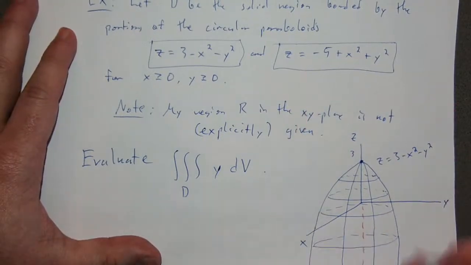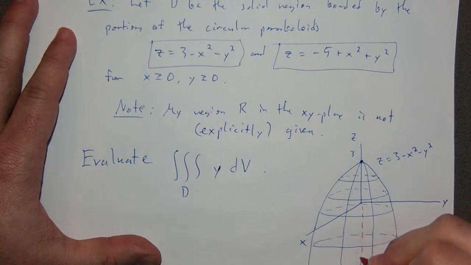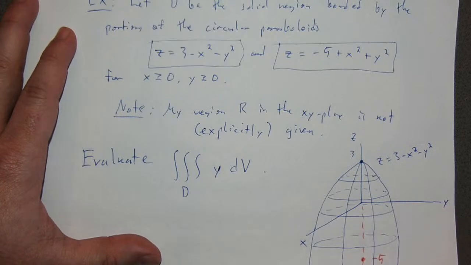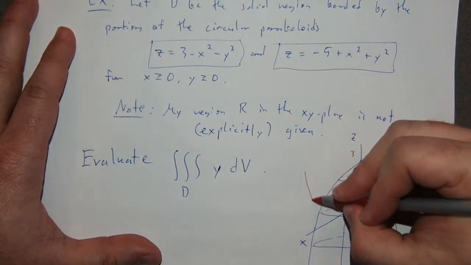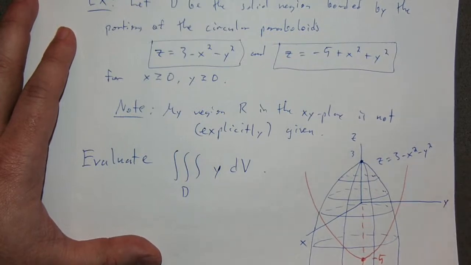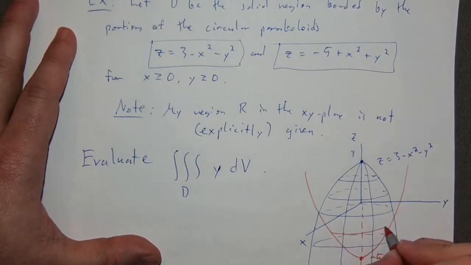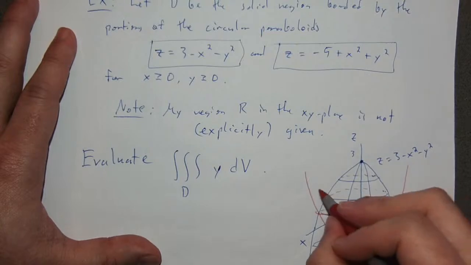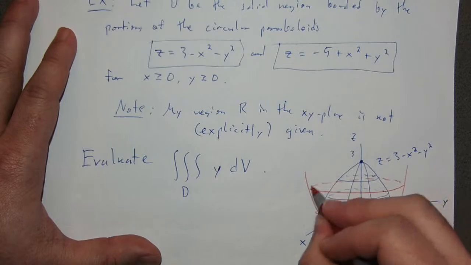My second paraboloid has its apex point at minus 5, and it opens up. And similarly, all of its cross sections are circles.